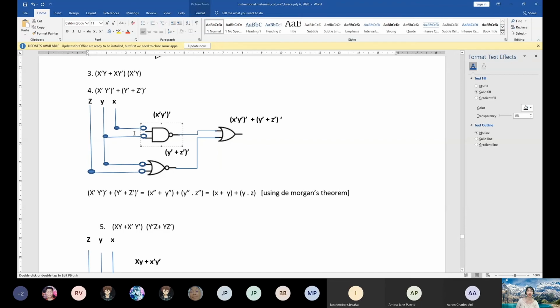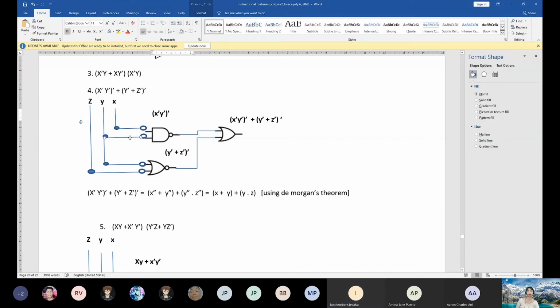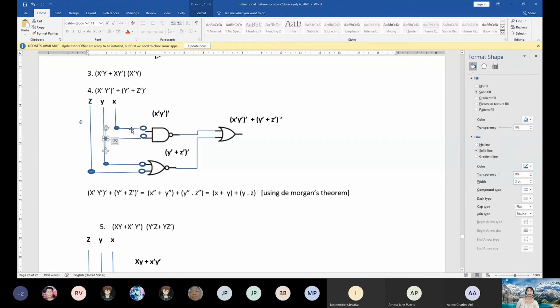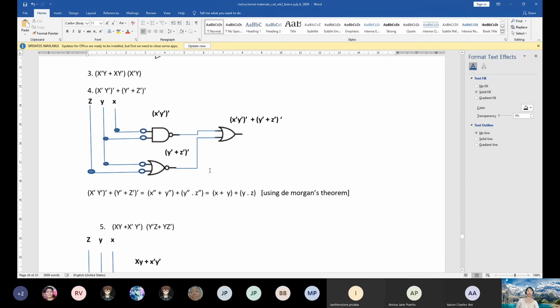What happened here? Why do X and Y not pass through an inverter first? The bubble. Bubble means inversion. Ma'am, can we also use the triangle? Oh, yes, that's also possible. Both acceptable: a triangle with a bubble.